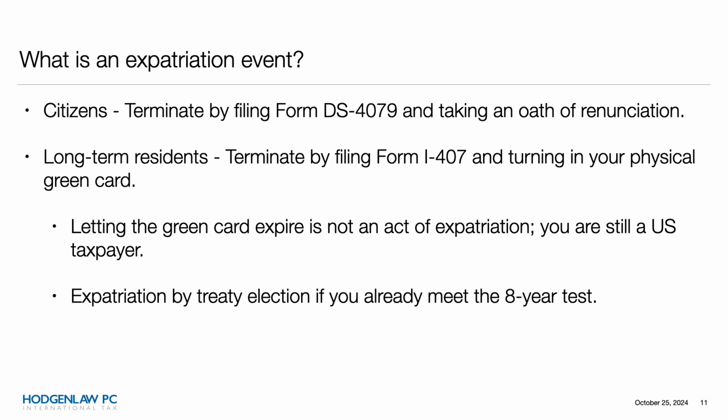Note that letting your green card expire is not an act of expatriation. You still remain a U.S. taxpayer. And if you already have become a long-term resident, meaning you've already met the 8-year test, and then you make a treaty election, that is not going to toggle your status for that year. That is actually an act of expatriation. So if you're using treaty elections, proceed with caution.